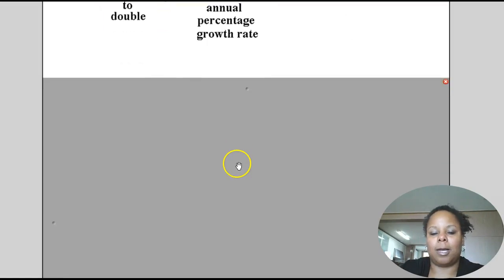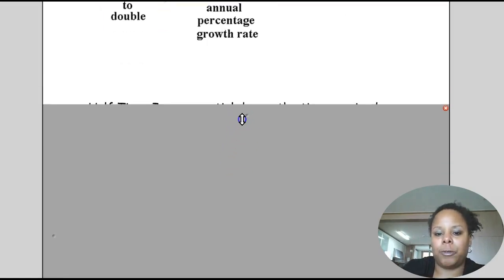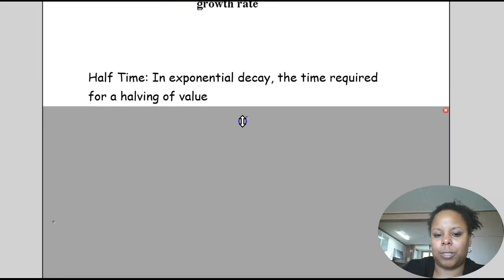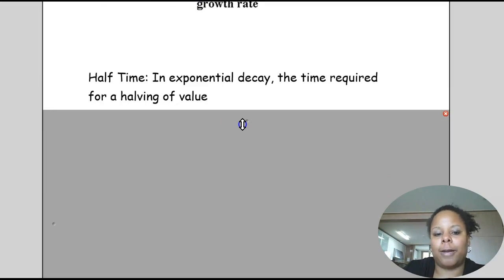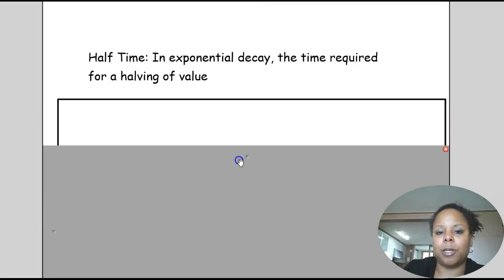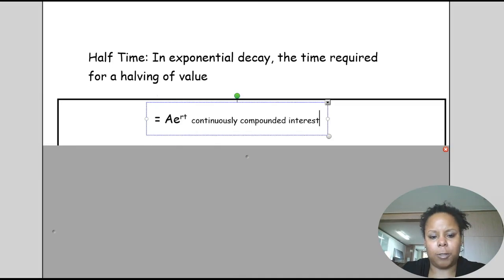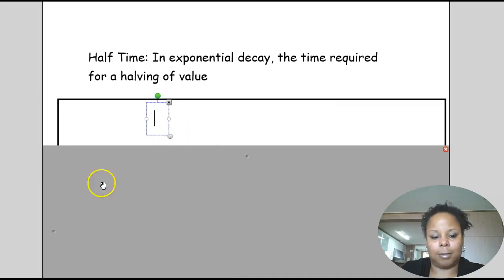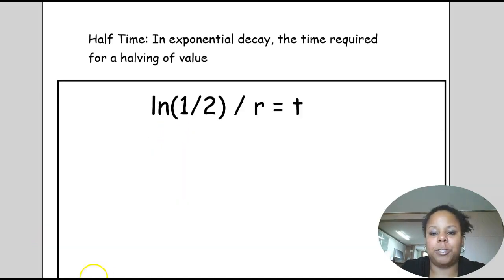Well, we don't want the value to double. We want the value to decrease for exponential decay. And so the time required for the halving of the value, so taking a value and dividing it by 2, the formula is very similar to the formula that we talked about. So if we had an exponential decay problem, the formula would look like this.